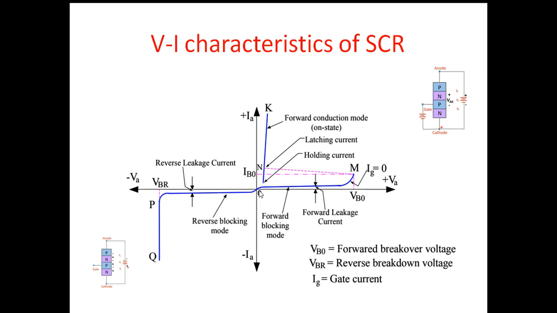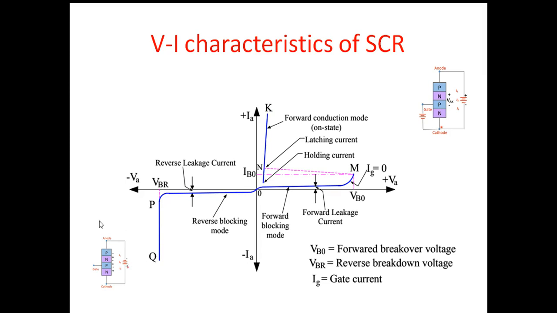In reverse bias, we connect the positive terminal of the supply to the N region of the SCR and the negative terminal of the supply to the P region.